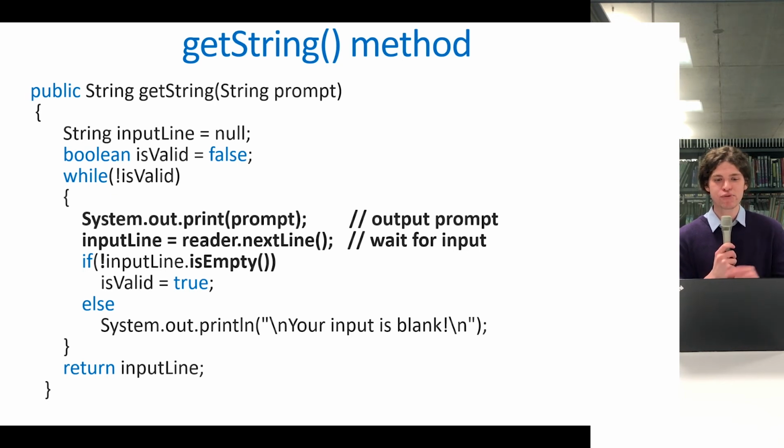Notice that the prompt is output in the line within the while statement here, so that the user first of all sees a prompt. It might say, please enter a choice, or please enter a number, please enter your name. It would give you an example of what should be expected, what type of data as well.